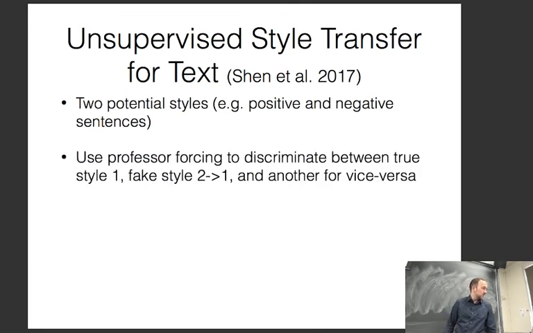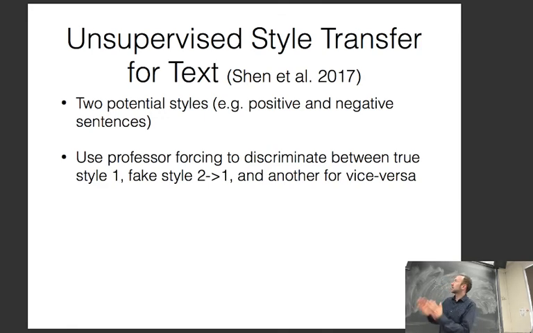They use a professor forcing objective to discriminate between sentences where you have the true style 1, or a generated sentence where style 2 is being transformed into style 1. Then you have another discriminator for vice versa. So you have one discriminator that tries to discriminate between true and fake style 1, and another for true and fake style 2.